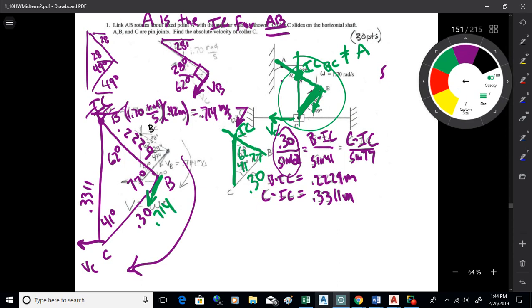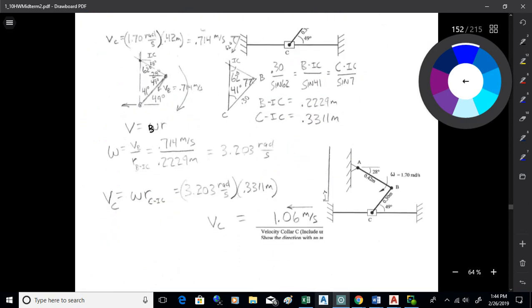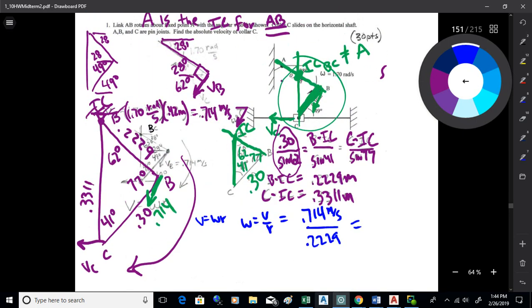So I can use these relationships: V is omega R, so omega is V over R. I have 0.714 meters per second, and I know the moment arm, or radius, 0.2229, and I can solve for that, and it comes out to be 3.20.